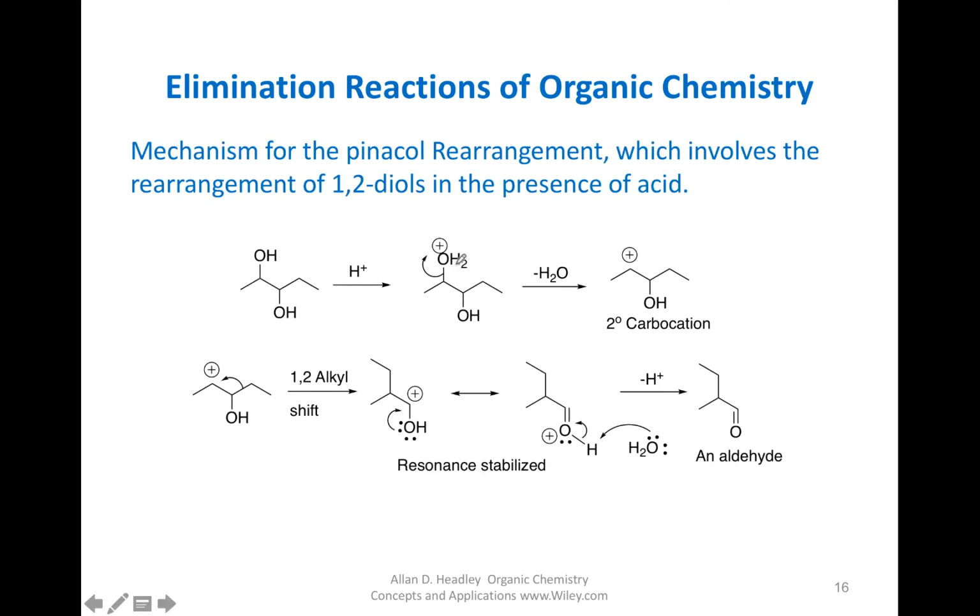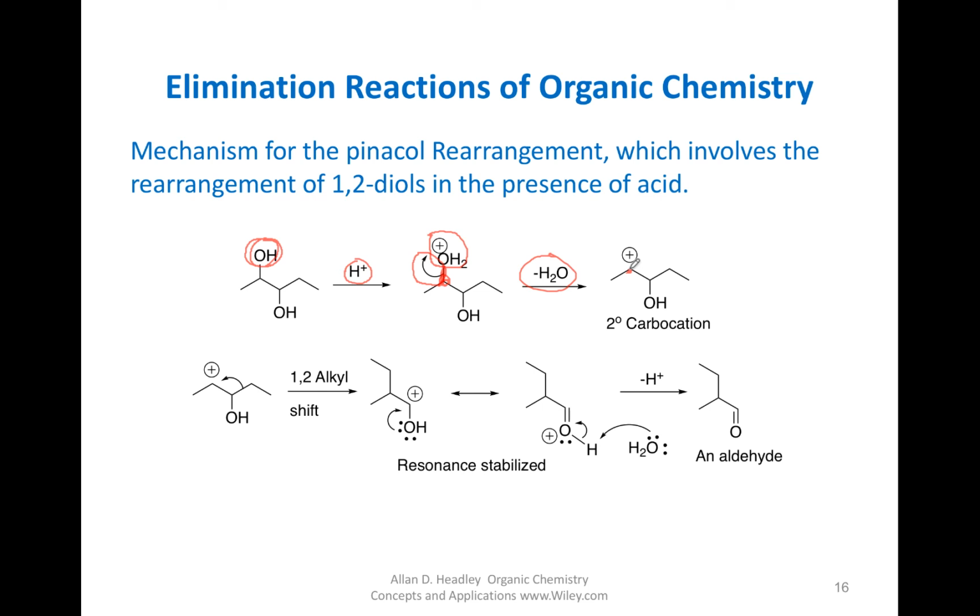Okay, so as expected, we can get a protonation of the OH from the proton, the acid that's added as a catalyst, to form OH2, which of course, as we know, is a good leaving group, and it takes these electrons as indicated by that arrow to form water, and what's left behind at this carbon here is a carbocation.